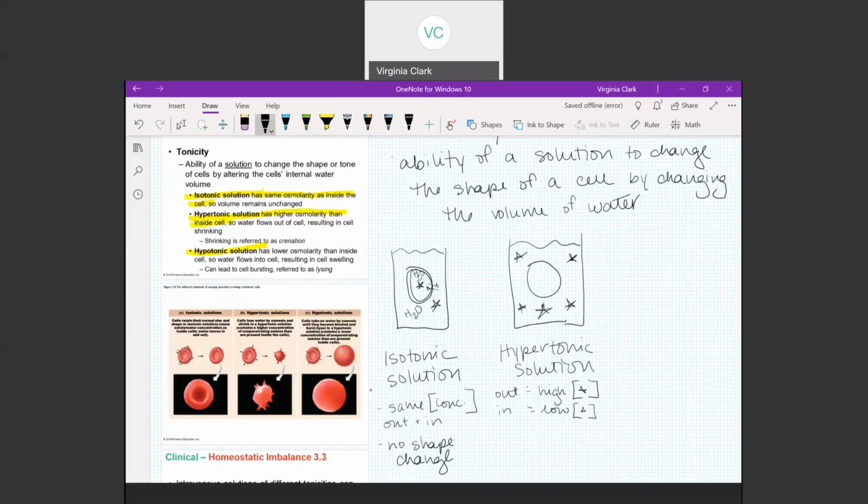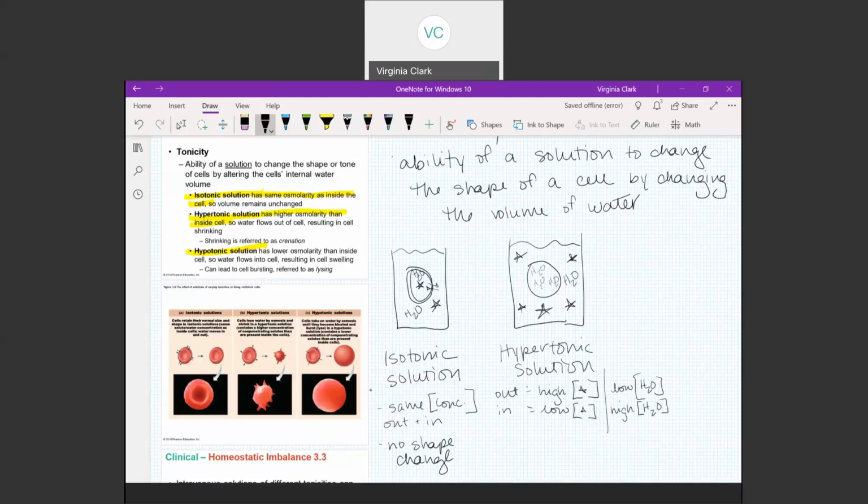That's the solute. For the solvent, you're going to have a low concentration of water outside the cell, so we'll have one H2O here, but a high concentration of H2O in the cell. So we're going to have a bunch of H2O molecules.